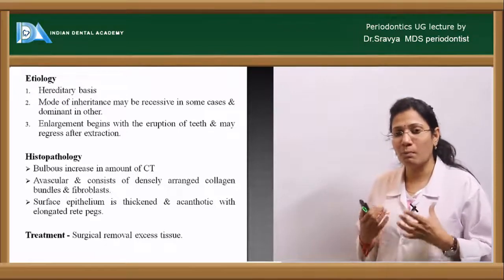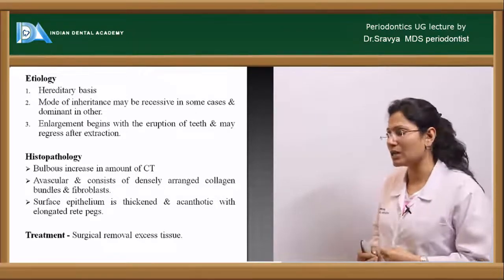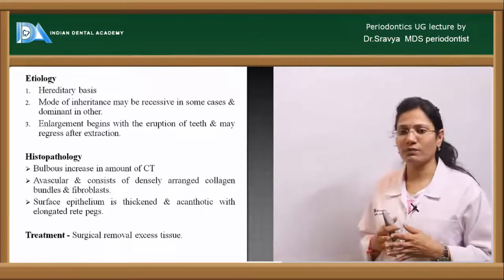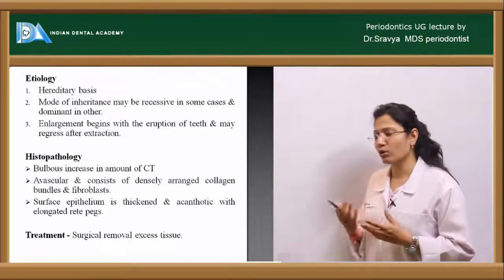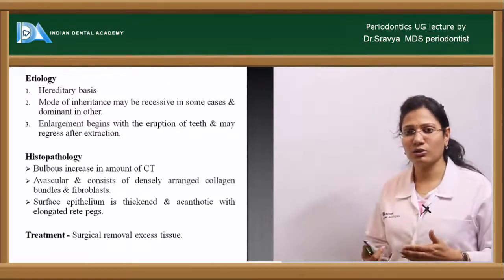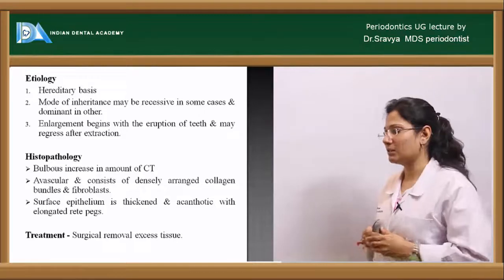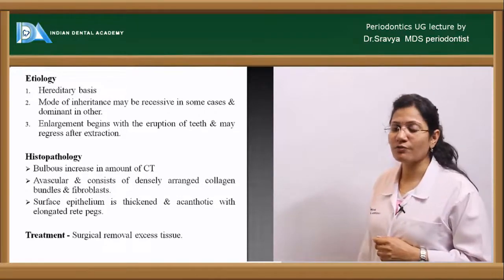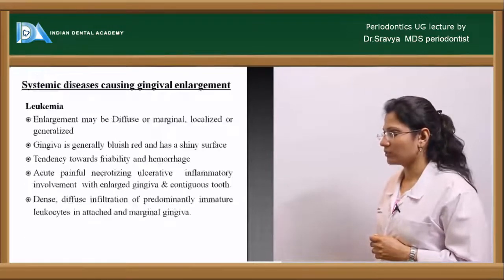So your connective tissue bulk is going to increase with a lot of fibroblasts and collagen fibers. Usually it looks avascular and consists of densely arranged collagen fibers more than blood vessels. And then the surface epithelium is thickened, it's acanthotic, and you have deepened rete pegs. Surgical removal is the best mode of treatment for these patients.